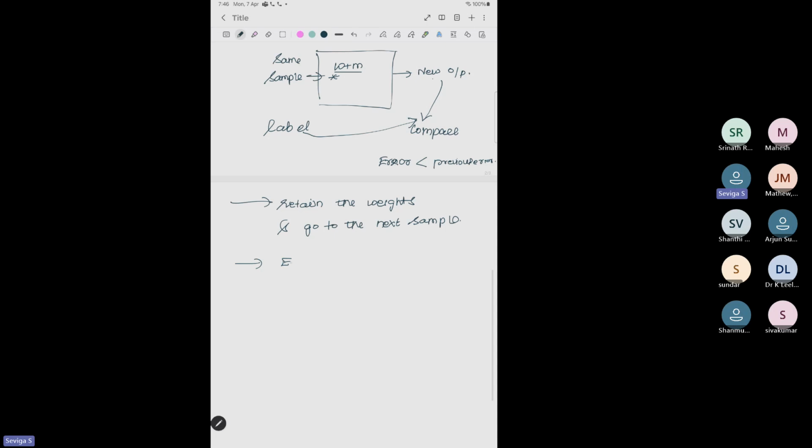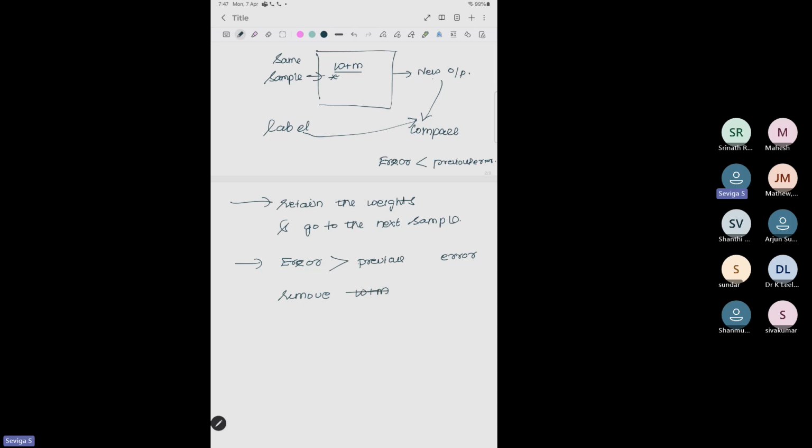If the error is greater than the previous error, what we will do is remove the weight. We will undo the changes. What we have done, we have put W plus M, no?